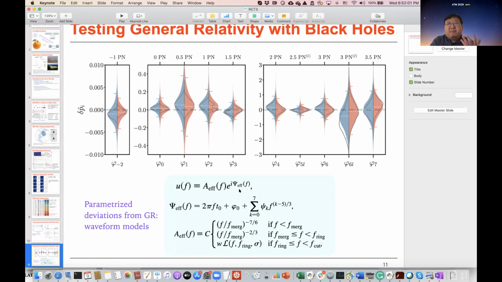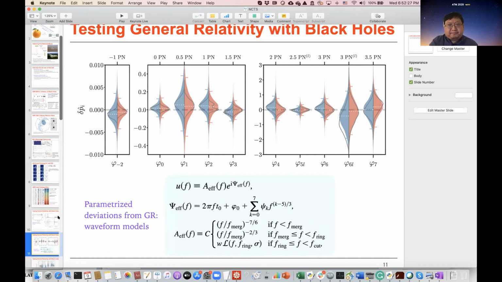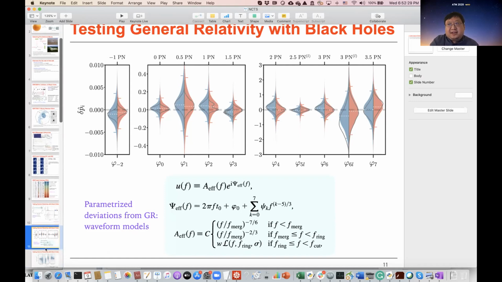And then we also measure these coefficients from the binary waveforms, and we look for discrepancy of the phase, especially the phase evolution of the binary, that follows particular power laws. It's a parameterized test looking for generic discrepancies from theoretical predictions. And there was no significant discrepancy.